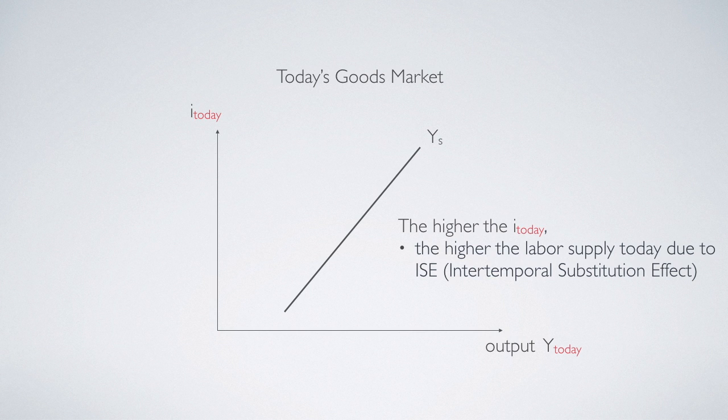If today's interest rate is higher, saving becomes more attractive. Therefore, to achieve higher saving, you will be willing to work harder. So if everybody wants to work harder, then the final output in the market will be larger. That's why today's output from the production side has a positive relationship with today's interest rate.